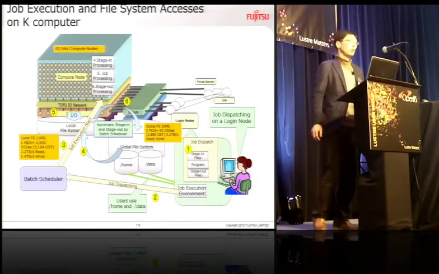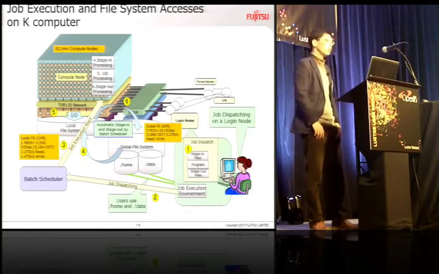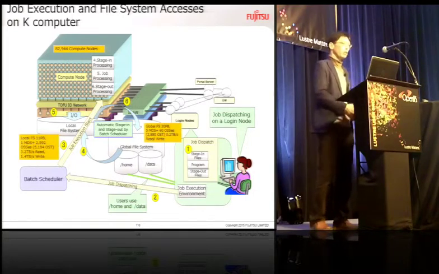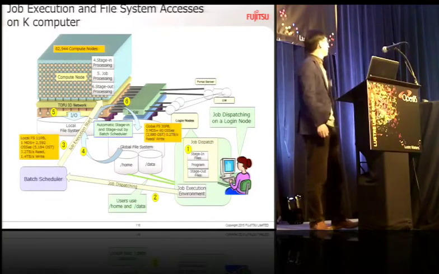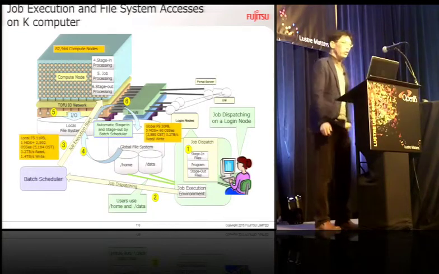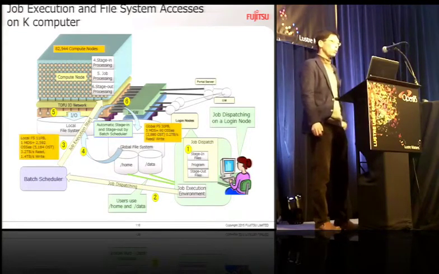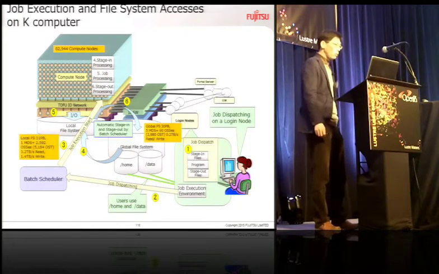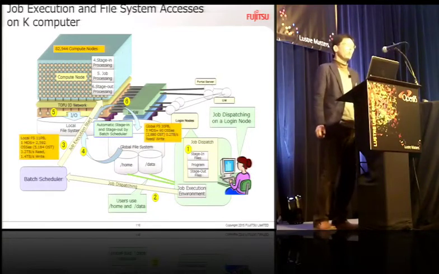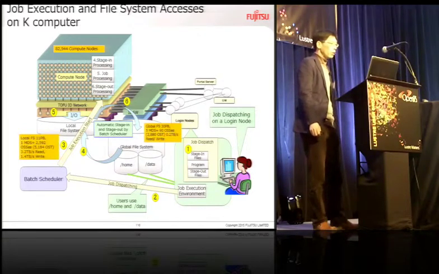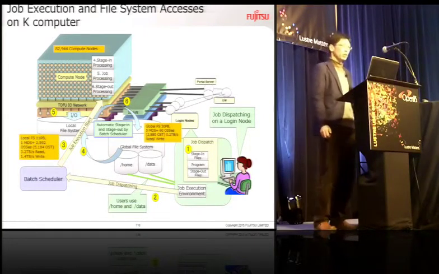So I talk about job execution and file system access on the K computer. As Yamamoto-san said, the K computer has 82,000 computing nodes connected to the local file system with 1 MDS and 2,500 OSSs.